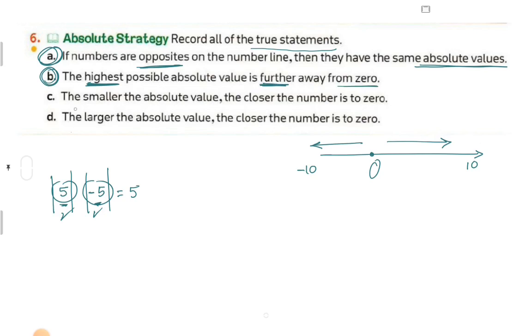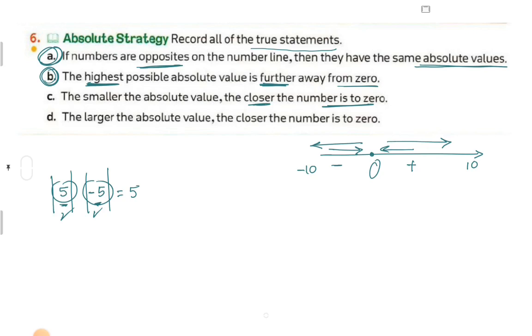It's good. The smaller absolute value, it's the opposite of the previous statement. Smaller, it's close to 0, even if it's positive or negative. The smaller absolute value, the closer to 0.